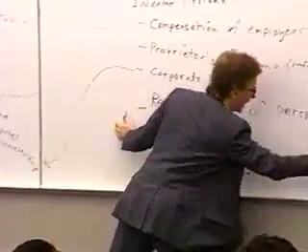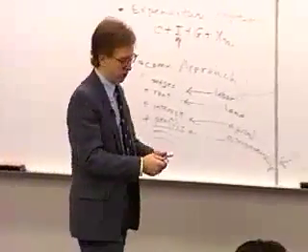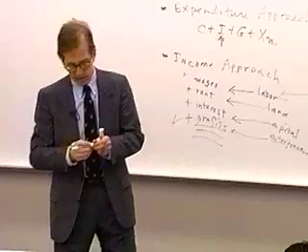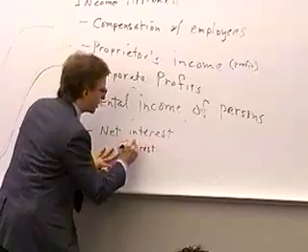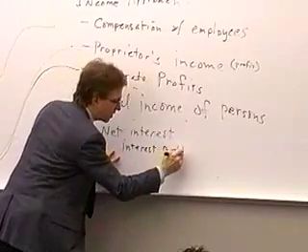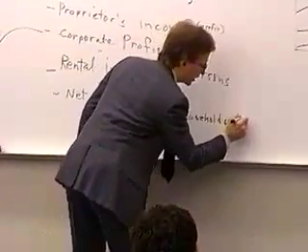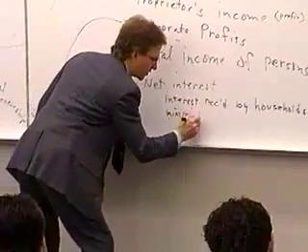Okay? And the final category that we need to consider is net interest. This is net interest received by households and government: interest received by households and government minus the interest they paid.